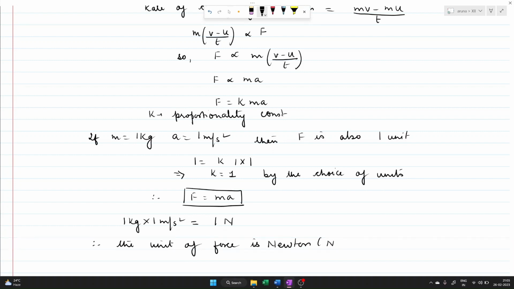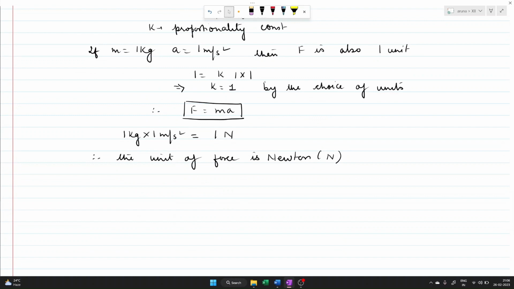denoted by capital N. So how do we define 1 unit now, 1 Newton of force?